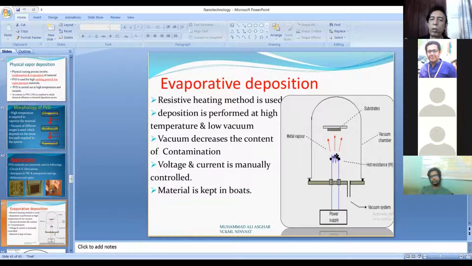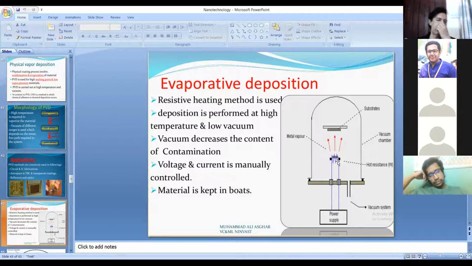For example, you want to make a thin film of aluminum, so you will place bulk aluminum here, say an aluminum rod, powder or chips. And you heat the aluminum by means of this heating coil.